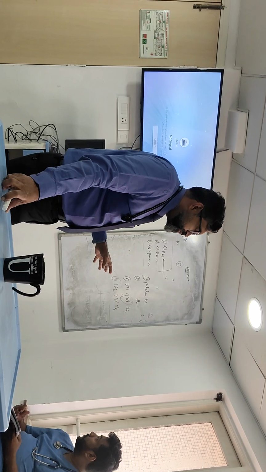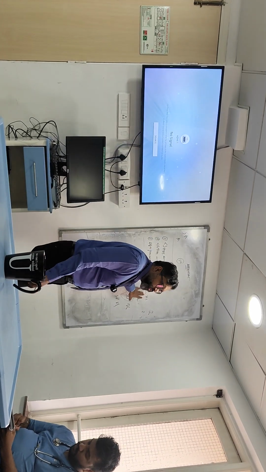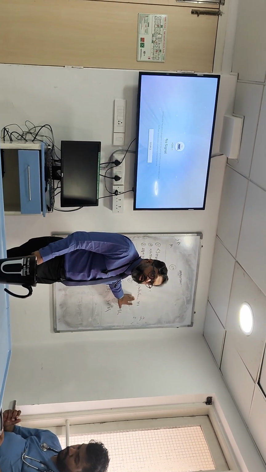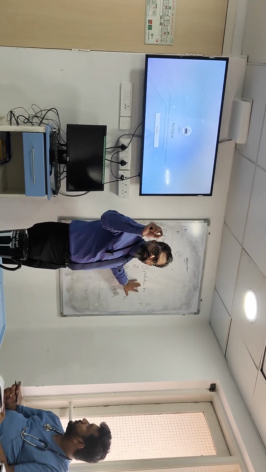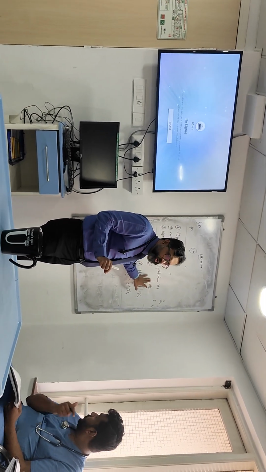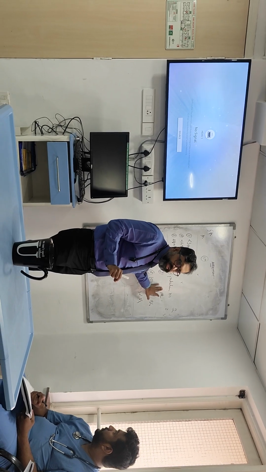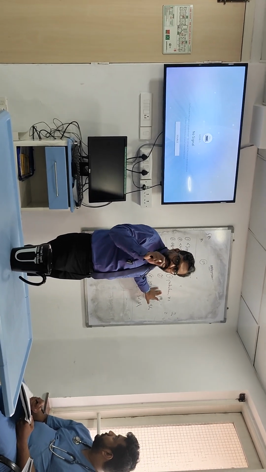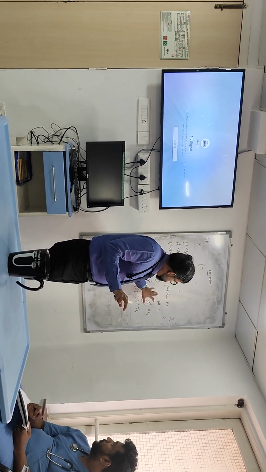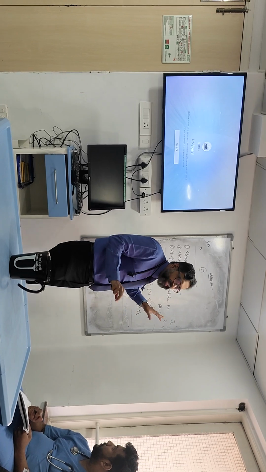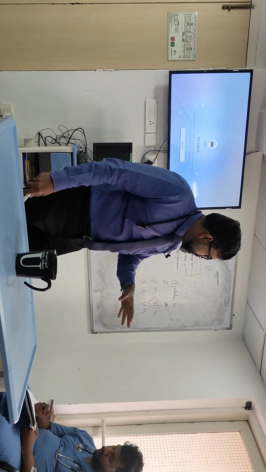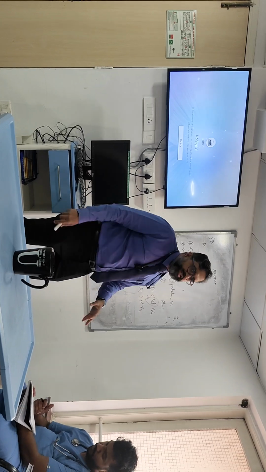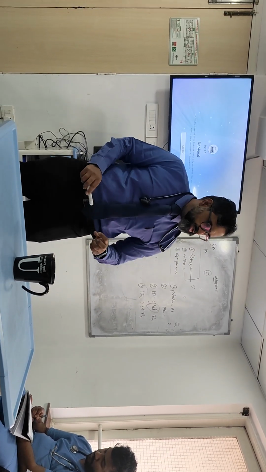So petechial hemorrhage 1, what is H1? When there are small areas of bleeding around the stroke area. PH2 is when there are small hemorrhages inside the stroke area. HT1 is when less than 30% of the entire stroke area is involved with a bleed inside, and when more than 30% is involved, it is called HT2. Clear on this?